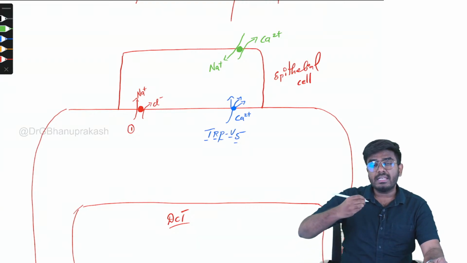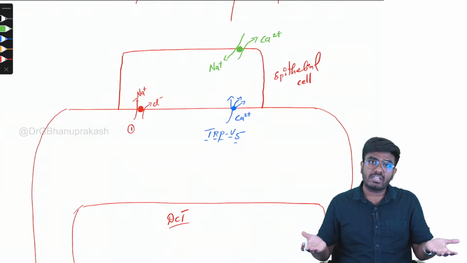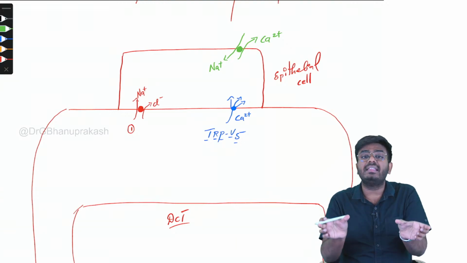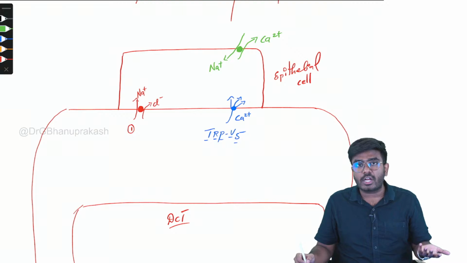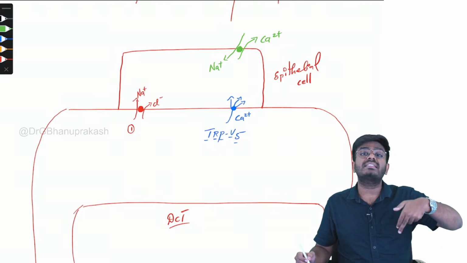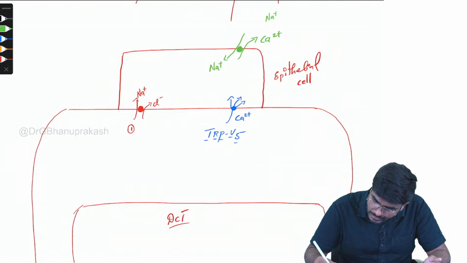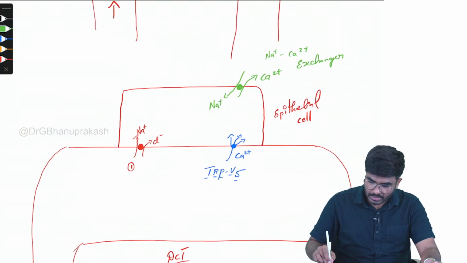Nature has designed these cells in such a way that on their basolateral membranes, there is one transporter that brings sodium into the cell and sends calcium out of the cell. What is the name of this channel? This channel is called the sodium calcium exchanger.